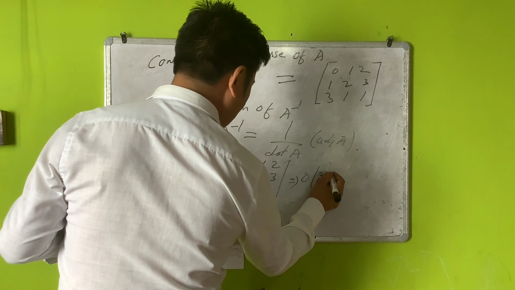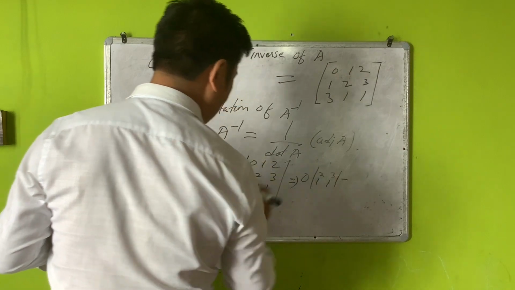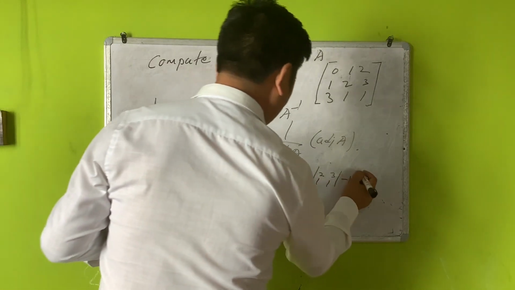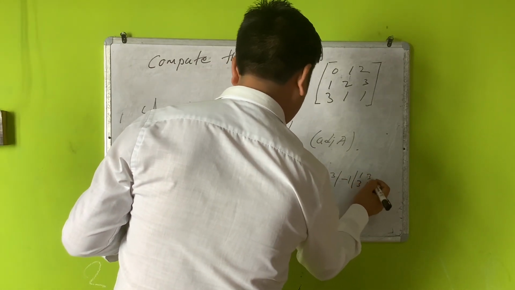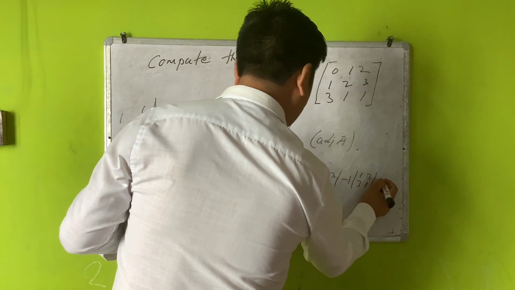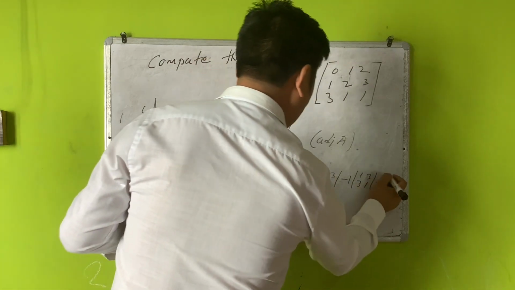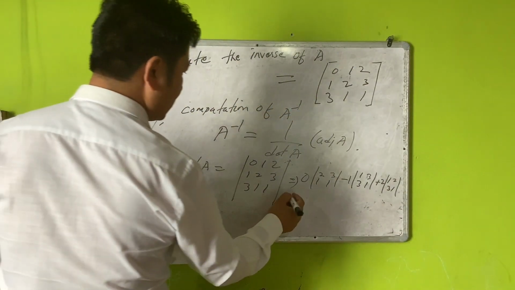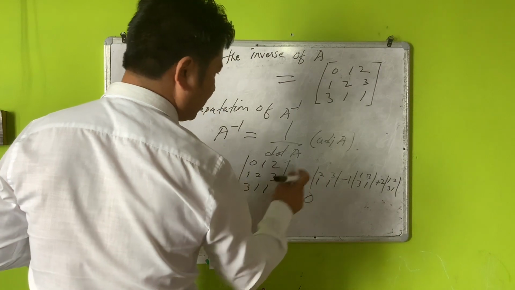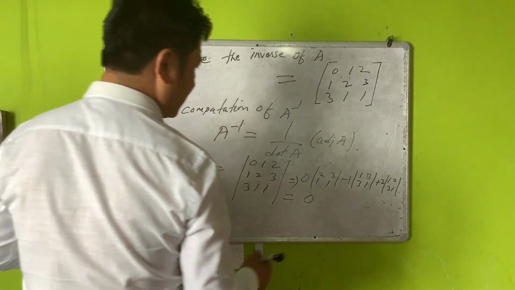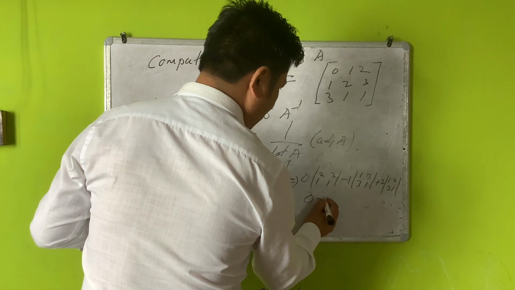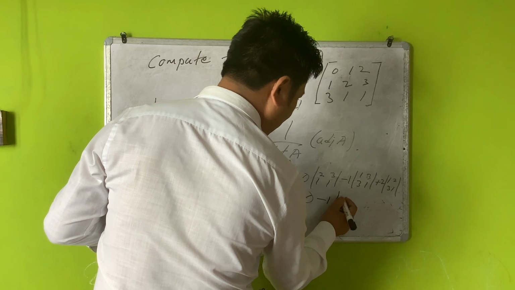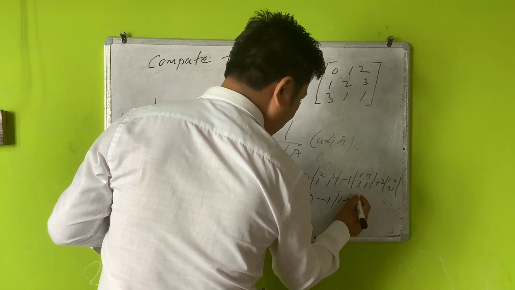Determinant is equal to 0 into (2 1, 3 1), minus 1 into (1 3, 3 1), plus 2 into (1 2, 3 1). The first term will be 0 only. Whatever you multiply with 0, it will be 0. No need to calculate this. And minus 1 into (1 minus 9), that is minus 1 into minus 8, which is 8.